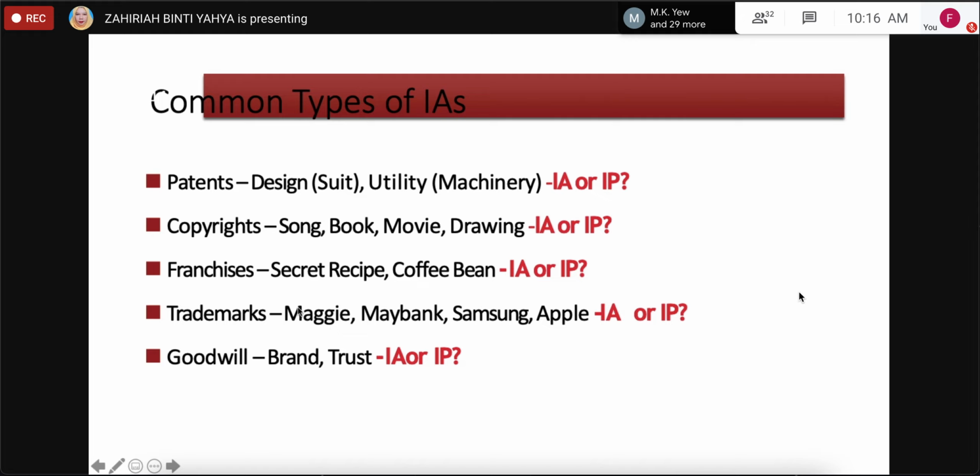Bila trademark ni owned by Maggi, you tak boleh dah buat mi letak nama Maggi. Ataupun you buka a new bank letak nama Maybank, tak boleh, because dia orang punya trademark. And goodwill, goodwill ni trust lah selalunya, because of you business kat situ.